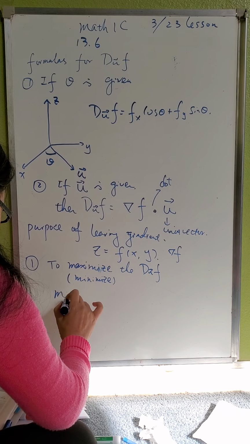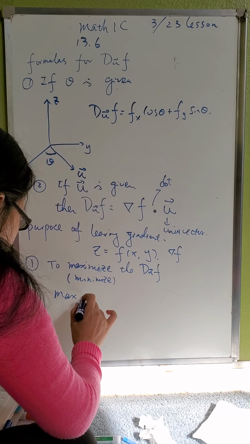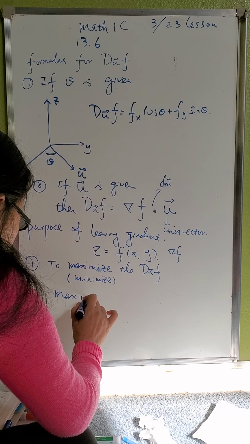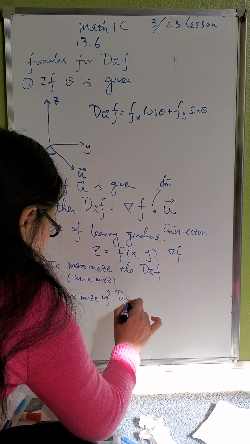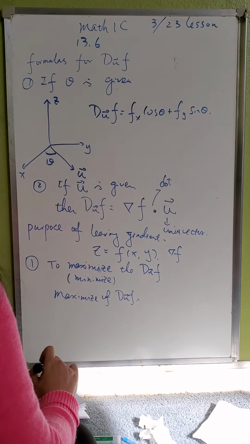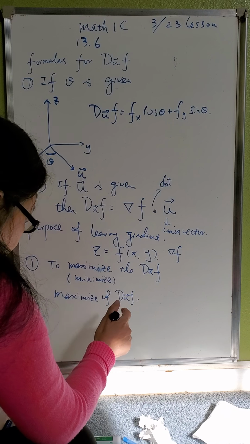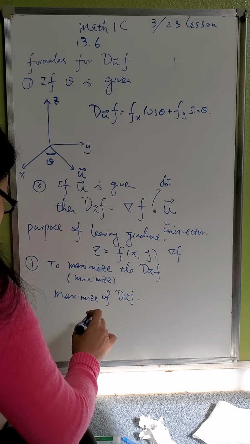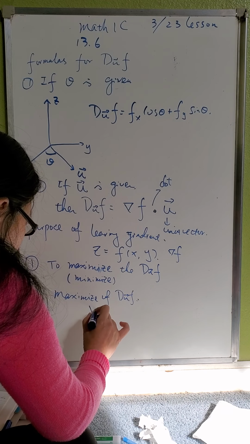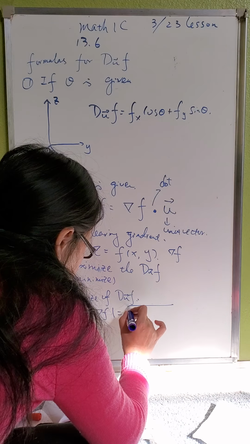The maximum derivative is on the same direction: when the directional derivative is in the same direction as del f, you get the maximized slope, and the slope will be this formula. So that's the maximized slope.